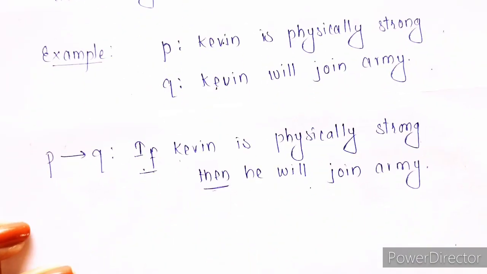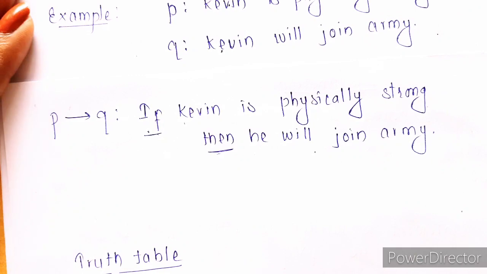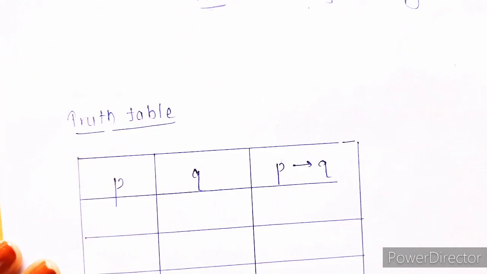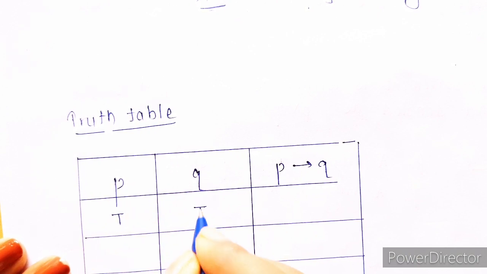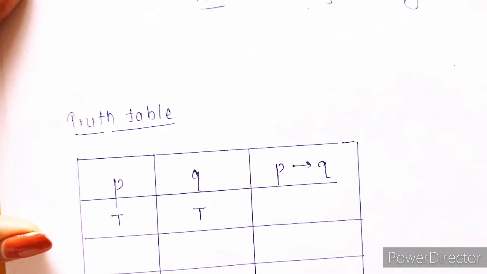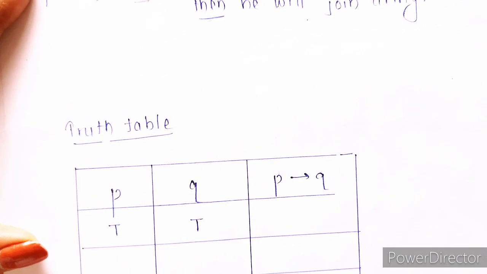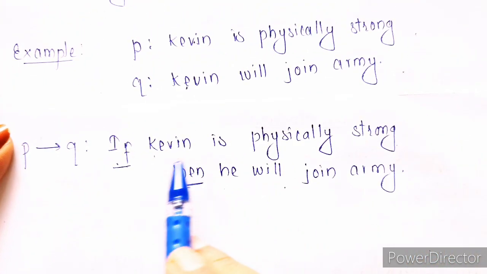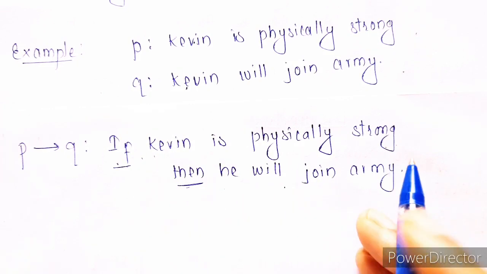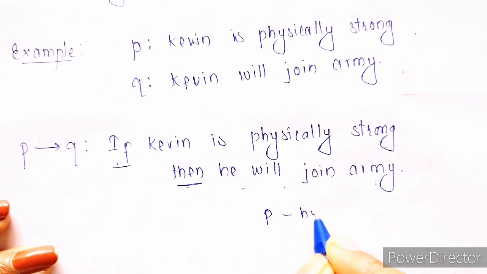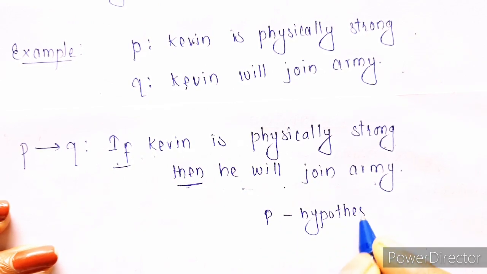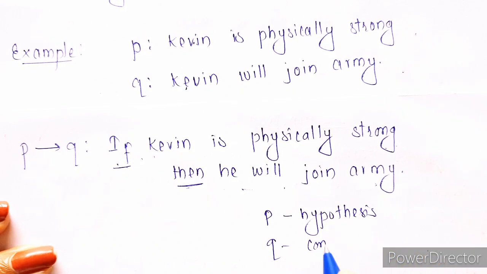Okay. Now let's look at the truth table for this. Let's assume that both these statements are true, that P is true and Q is true. When we are talking about "if, then", this first statement, that Kevin is physically strong, is called the hypothesis, and the second one is called the conclusion. This first P is called the hypothesis and this Q is called the conclusion.